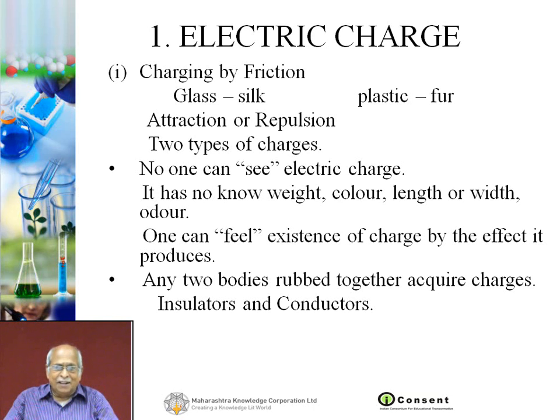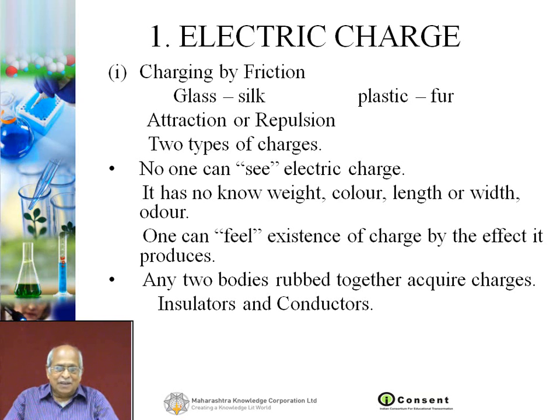There is some interaction force between any two charged bodies. The force can be either a force of attraction or a force of repulsion. In this way, through experiments, it was established that between opposite charges there is force of attraction, and between similar charges there is force of repulsion.